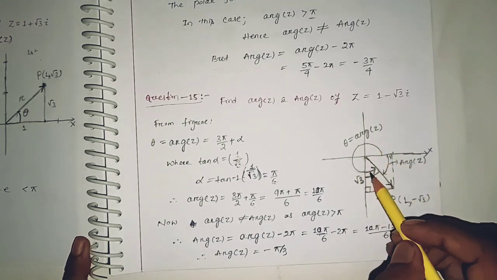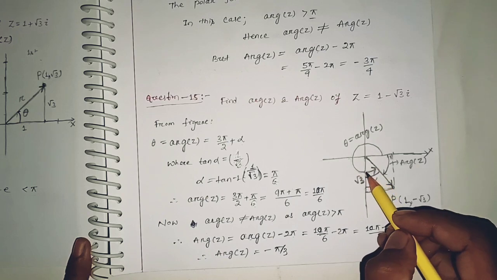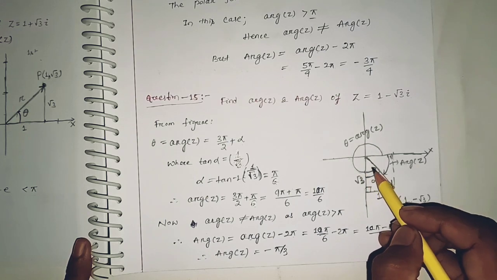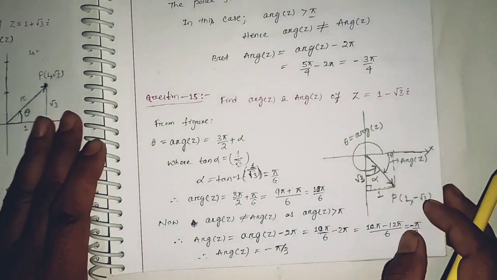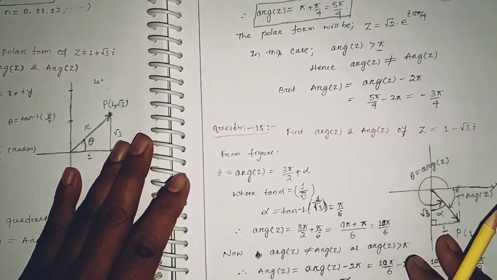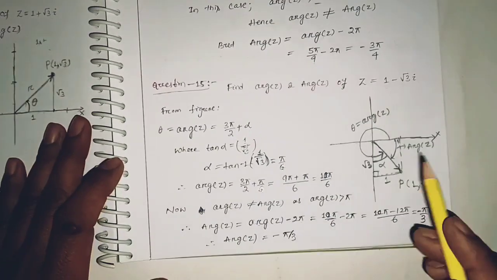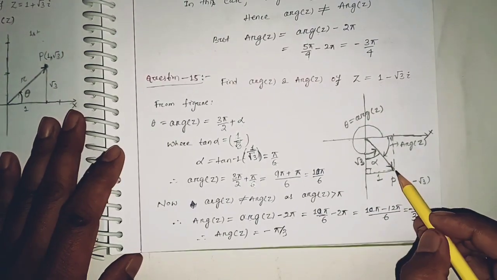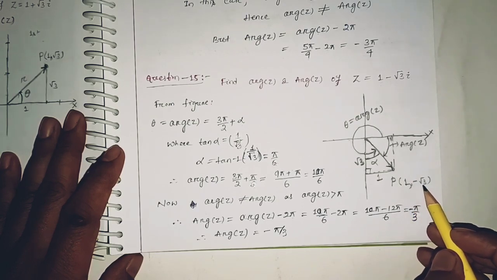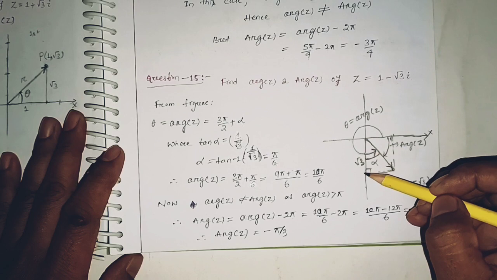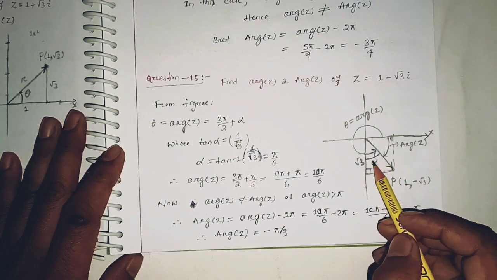Up to this much is 3 pi by 2 and another angle, let this angle be alpha. So the argument theta will be 3 pi by 2 plus alpha. This point is located at 1 minus root 3, that means this length is root 3, this length is 1, and this angle is alpha.